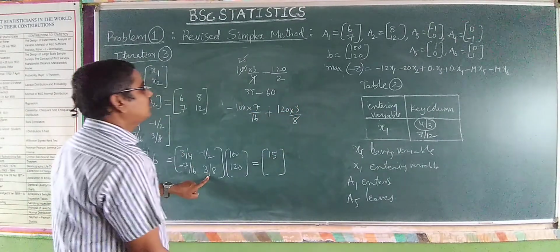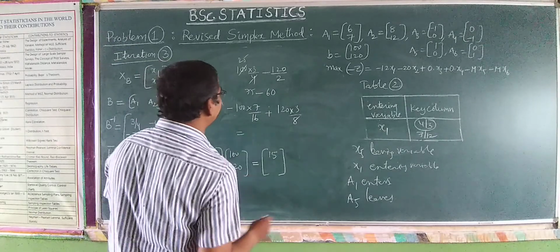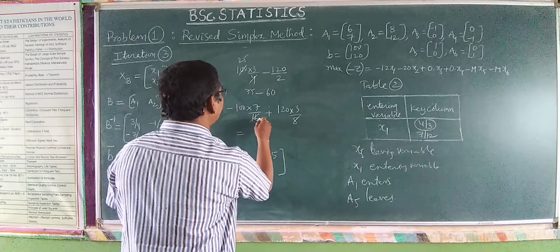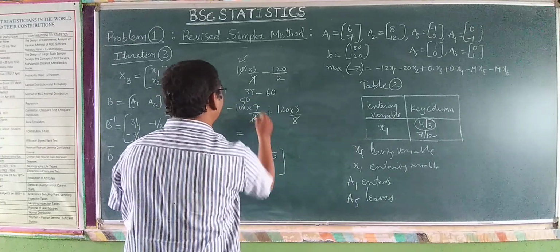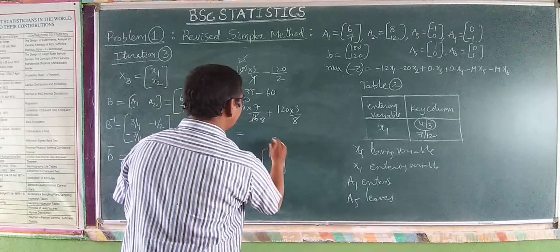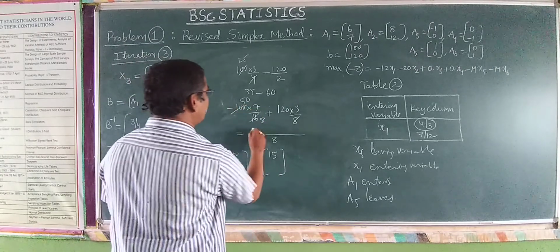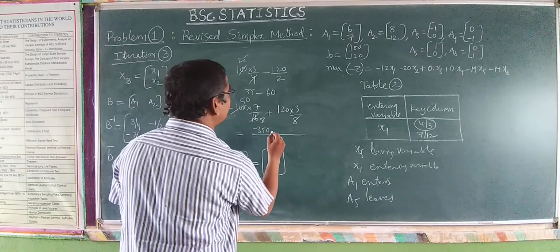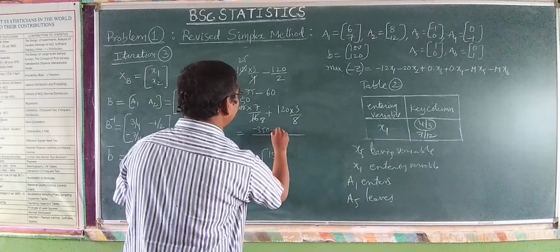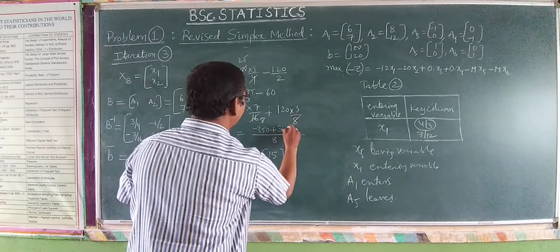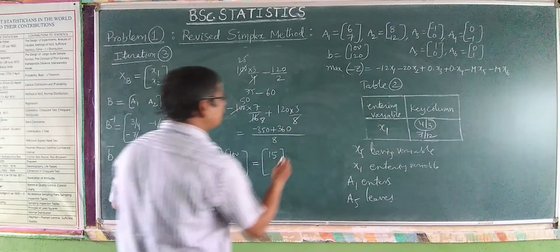These are the calculations required here. We can cancel out here 2 50s, 2 8s. If you take LCM 8, it is minus 350 plus 312, 12 3s, 360. Hence it is 10 by 8.